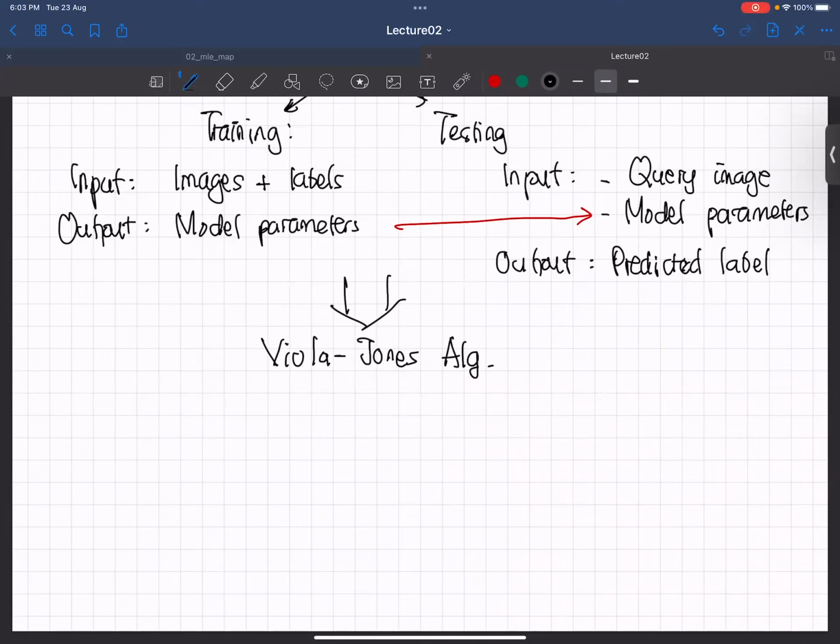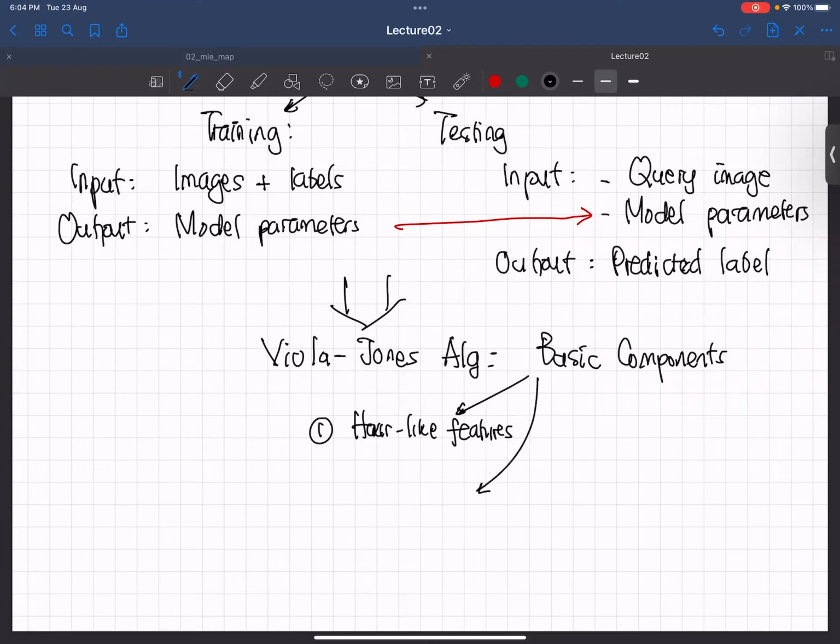In the Viola-Jones algorithm, there are two basic components. Well, there are four actually, but the most basic components are, number one, features. The features are called Haar-like features. That is the first basic component that we have to know.